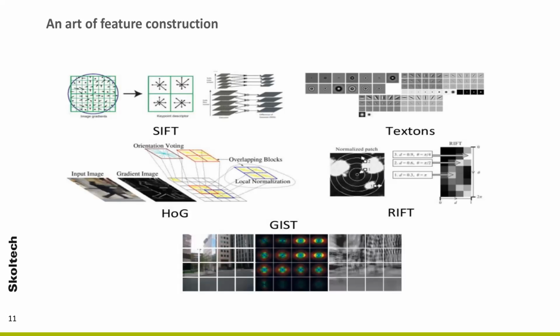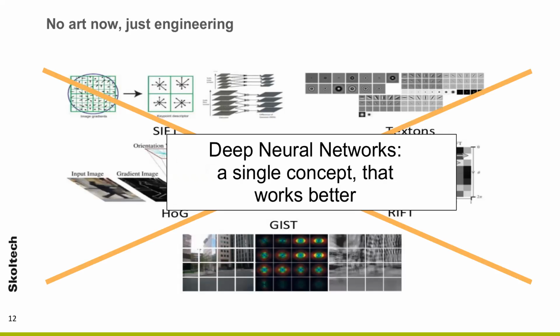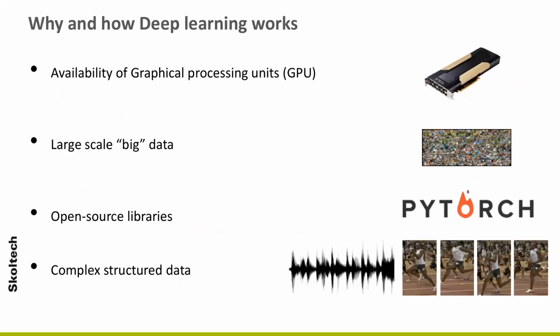And then we have these representations, and from these representations, we predict the actual output we want from our model. And this is not the way. A better way for computer vision and for sequential data processing is to have a deep neural network that can automatically construct representations. It's a single concept, end-to-end, everything you need. And we hope that it will work better.